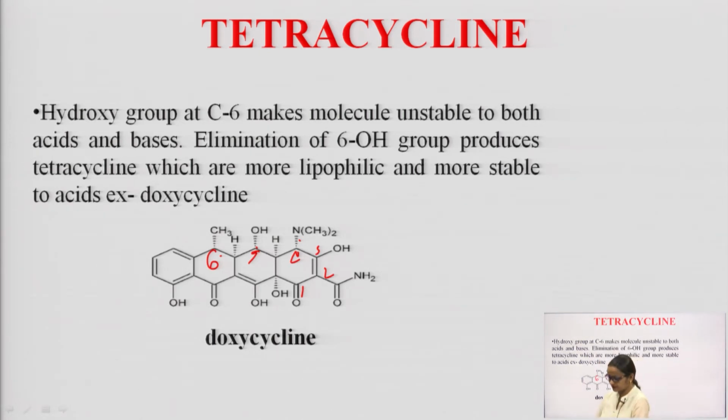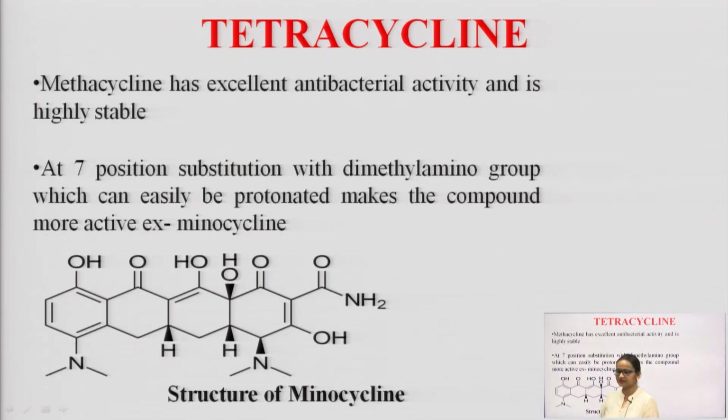You can see here that we have replaced this OH group with CH3 at the 6th position. Okay. Methacycline has an excellent antibacterial activity and is highly stable. At the 7th position, what is it? Again we are starting from here.